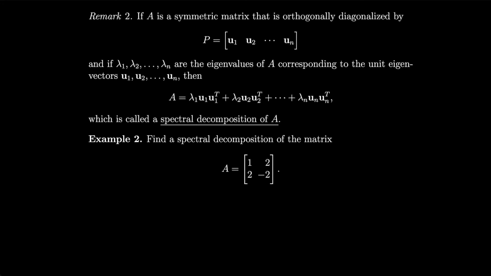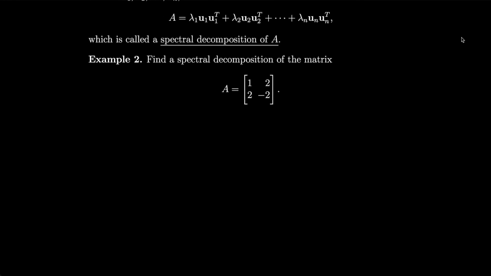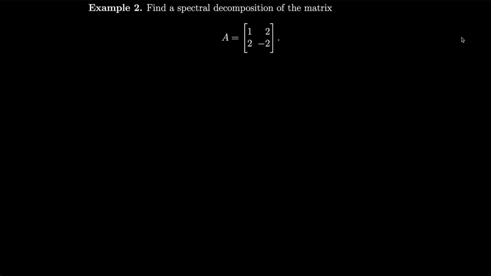So again, we have to find a matrix P that diagonalizes A, but at least it's a little bit easier this time because we have a 2 by 2 matrix. So let's figure out the determinant of lambda I minus A. So that's lambda minus 1, minus 2, minus 2, lambda minus minus 2, which is plus 2.